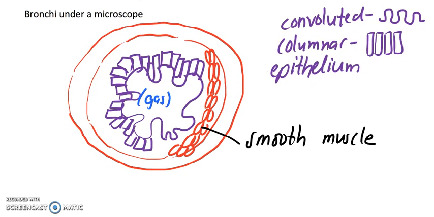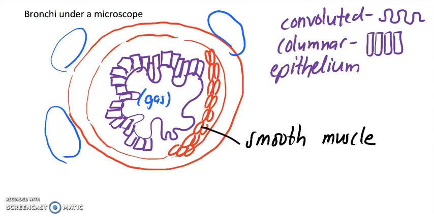And then surrounding that, you might see cartilage. It might be on a few sides, or it might be surrounding it completely. And here are the nuclei of the chondrocytes. And these are usually completely covered, as in there isn't much empty space. So you might see it like this.